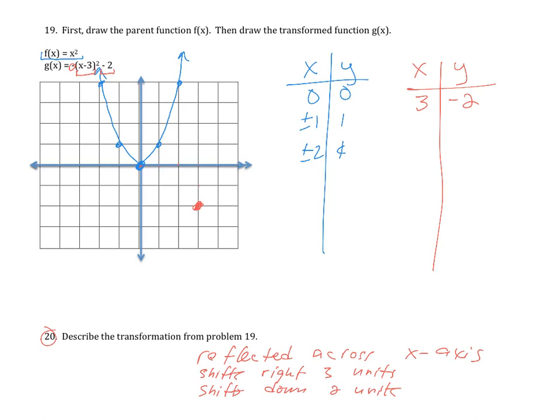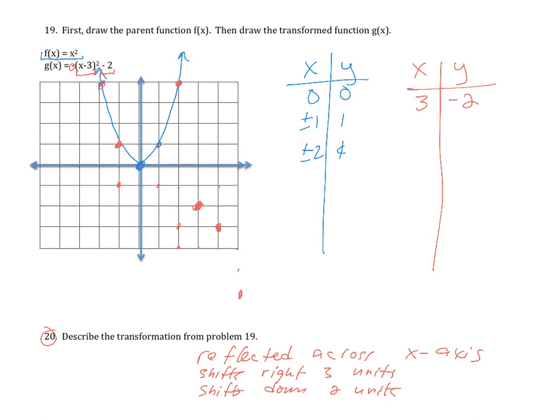Okay, it's reflected, right? So everything's going down relative to here, right? If we look at this y value, this one, it's going to become negative 1, right? And then 3 to the right and 2 down. This one, reflected, so it becomes negative 1, 3 to the right, and 2 down. Okay, this value, since it's reflected, will go to negative 4, and then 3 to the right, and 2 down.